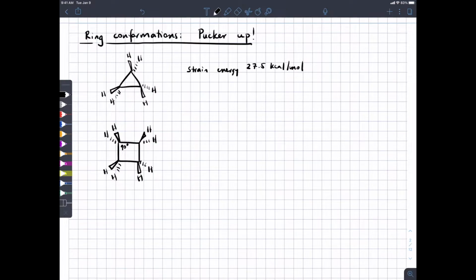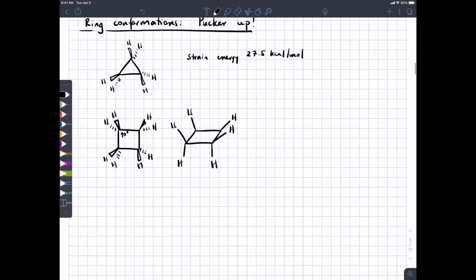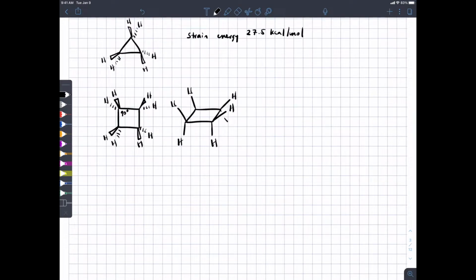What do we mean by that? Well, instead of being completely planar, with all of the CH bonds eclipsed and all of the carbon-carbon bonds eclipsed. I haven't drawn the hydrogens in the back because it's hard. Instead, it relaxes a bit, and the carbons on either end sort of pucker downward, and the carbons in the middle pucker upward.